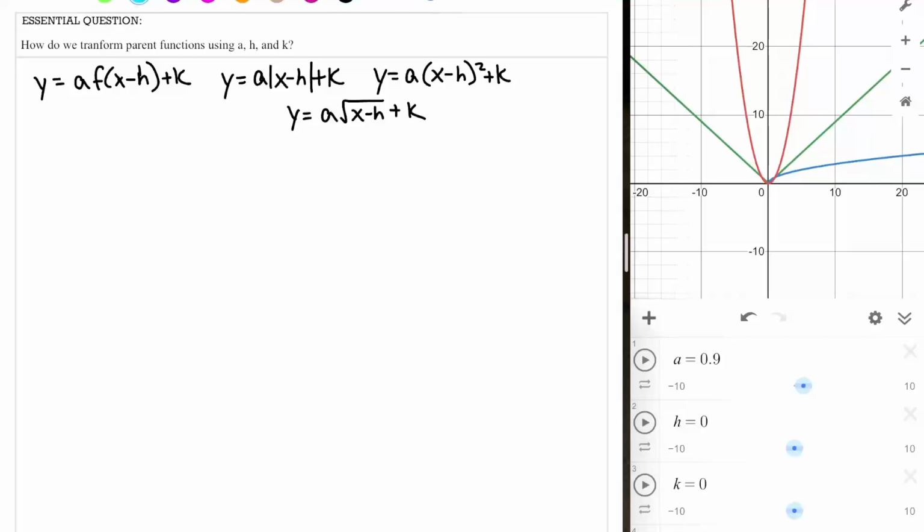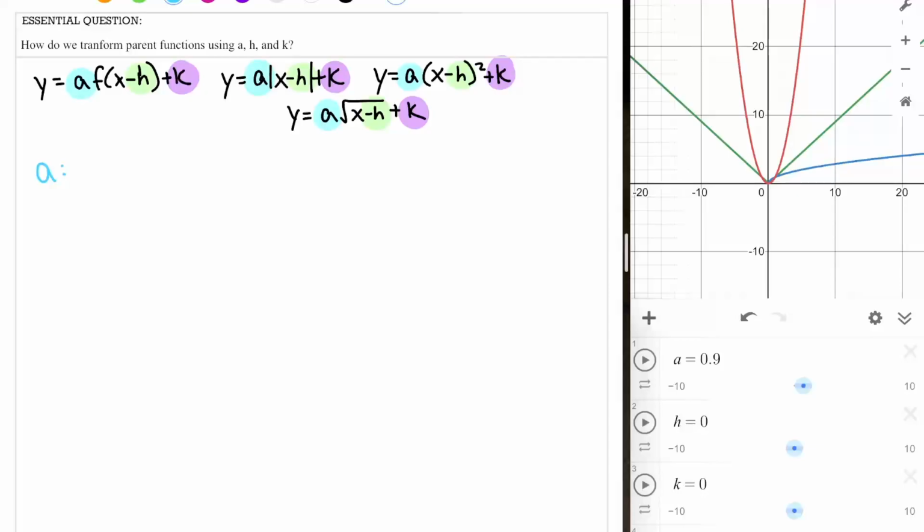With each of these, we've got our a value, which is going to change the parent graph in one way. We've got our h value inside the parentheses, and we've got the k value after the parentheses, which is going to do something. So let's look at a.